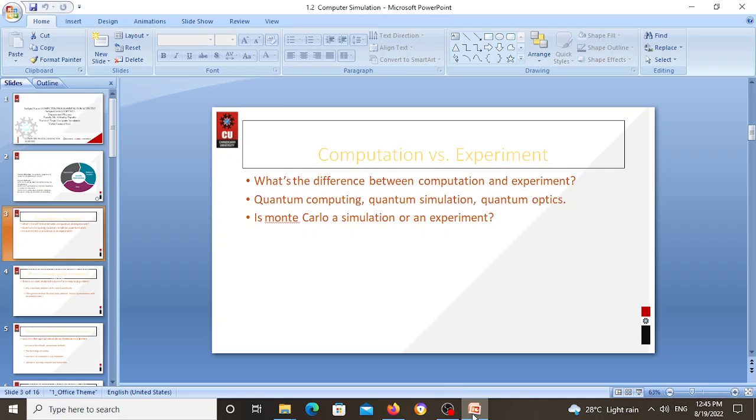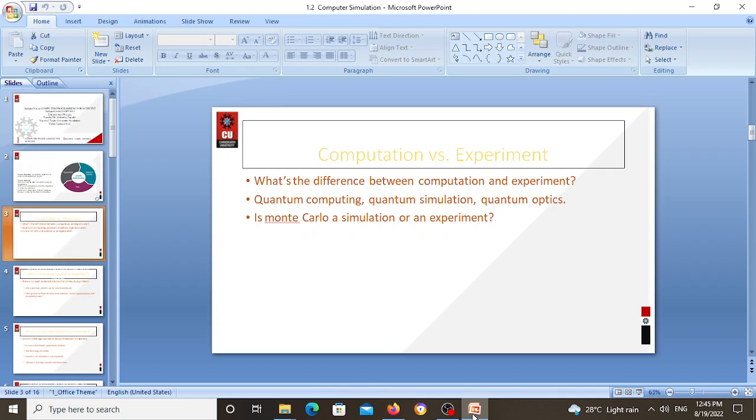So computation versus experiment, how they are different from each other. What is the difference between computation and experiment? We conduct many different kinds of experiments like quantum computing, quantum simulation, quantum optics.